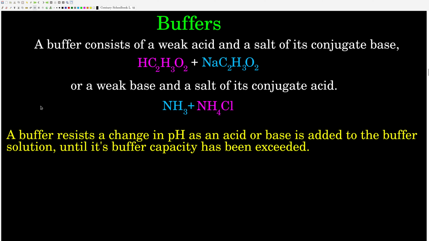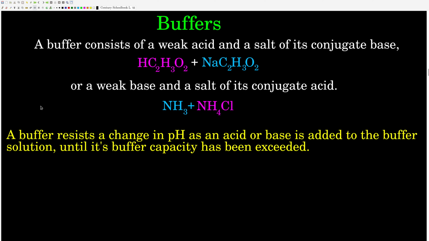So first of all, what is a buffer solution? A buffer solution is a solution that consists of a weak acid and a salt of its conjugate base. Or that's how you make it up. There's a lot in buffer chemistry, and there's different ways to make up buffers, but at this point, this is what we're going to do.